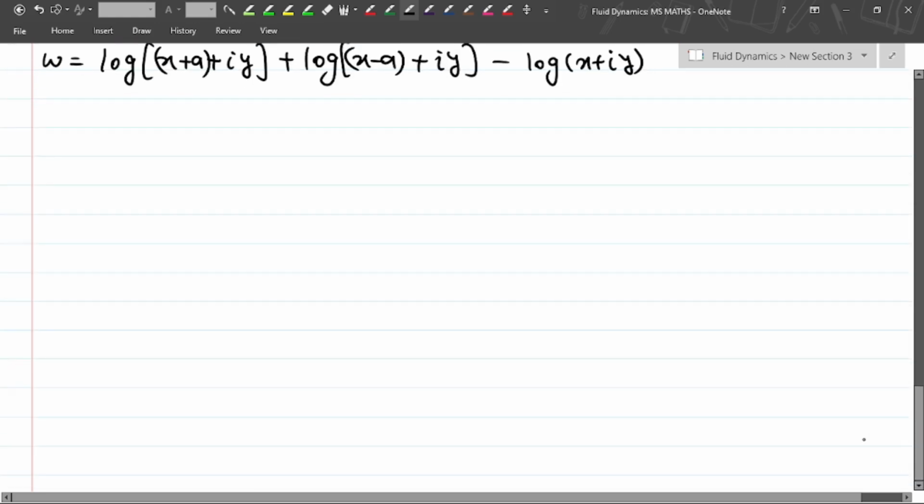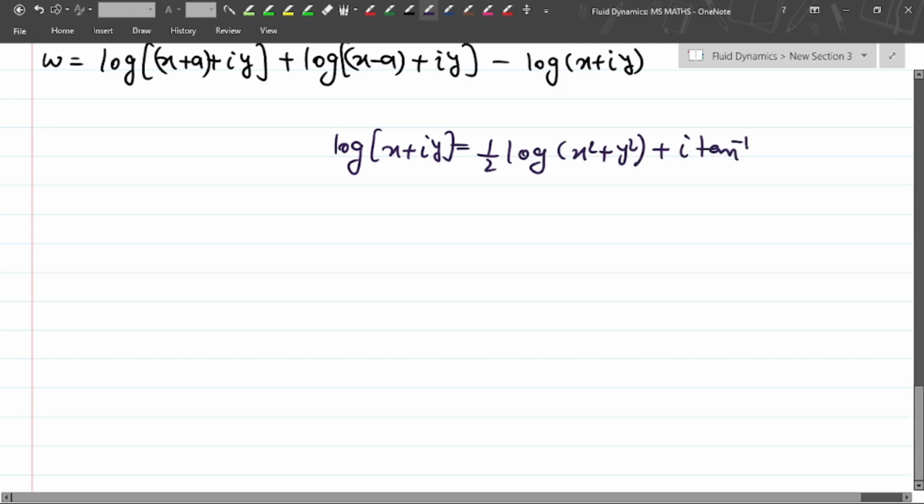There is a relation in complex analysis which says that if you have log of x plus iota y, then it is 1 by 2 log of x square plus y square plus iota tan inverse of y by x. This is the relation that we can write into a real part and the imaginary part. So we'll separate these things here.